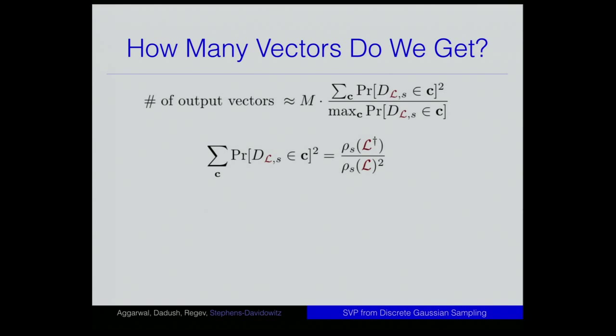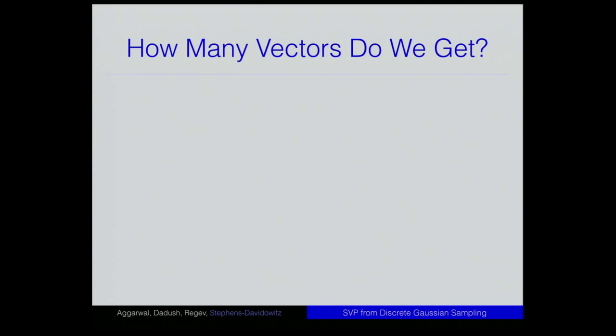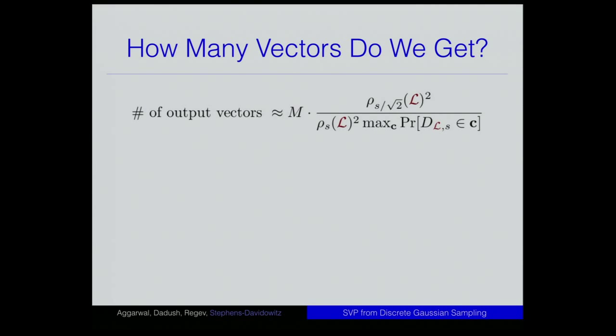But I also have a very nice identity on L dagger. I know that the Gaussian mass of L dagger is the Gaussian mass of this scaled up product lattice. And now I'm just going to rewrite this. This is the same as the Gaussian mass of the lattice squared with a factor square root 2 now in the parameter.